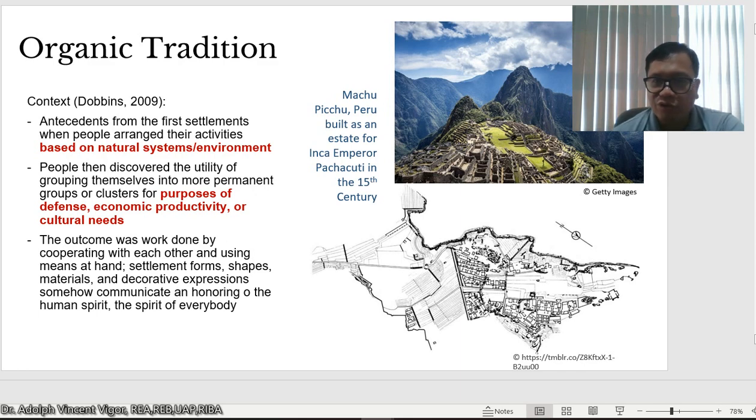When you look at the plan, class, you have to look first at the context of what was really happening during that period. During that period, it's not yet as stable or as peaceful as it is right now.